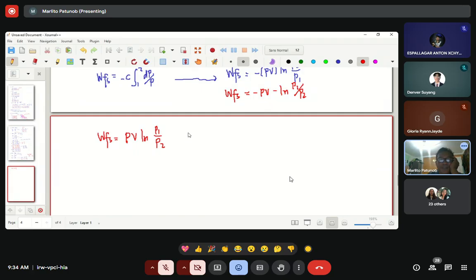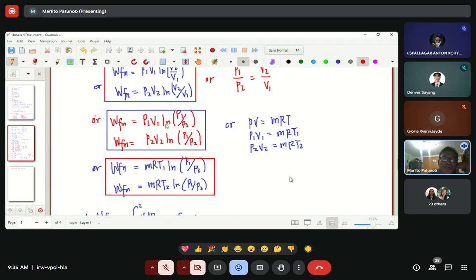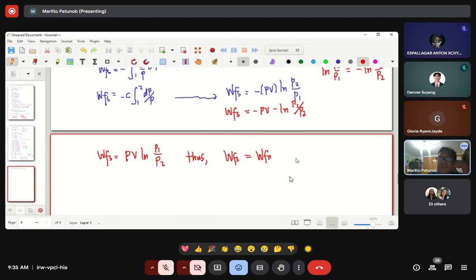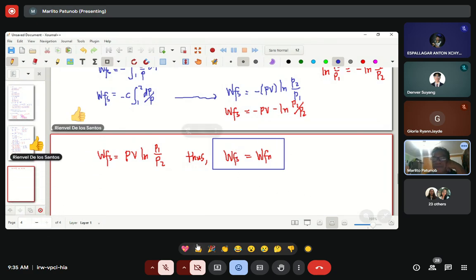So thus your WFS is equal to the work non-flow. Meaning to say, all these formulas I wrote will carry over as equivalent to the work steady flow. Okay, understood? They are equal.